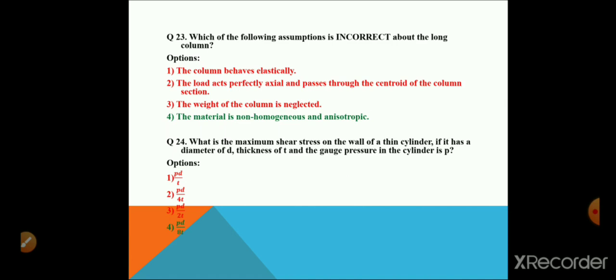What is the maximum shear stress on the wall of the thin cylinder if it has a diameter of D and thickness T? The gauge pressure in the cylinder is P. So for a thin cylinder, two types of stresses are there.